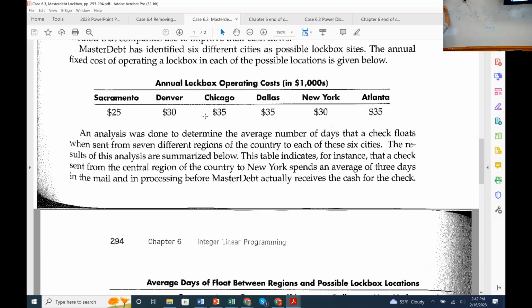Let Xij be a binary decision variable indicating whether region I's customers mail to lockbox J. And then the Yj, I'll do it this way so that you see it done in different ways.